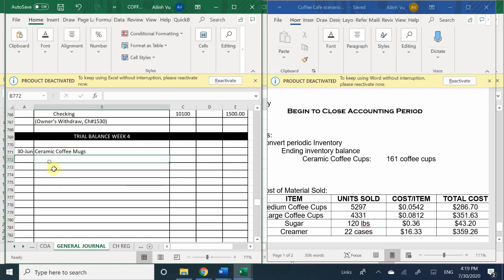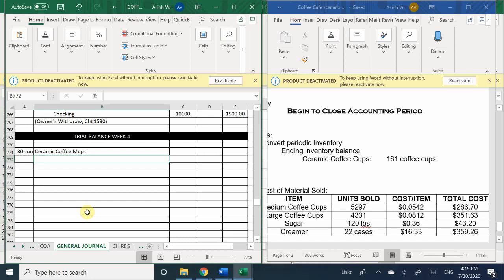What else do we need? Regular coffee? No, we're only converting our periodic inventory, which I already indicated is just the coffee mugs. Okay.